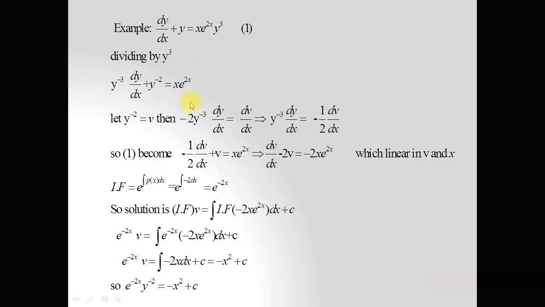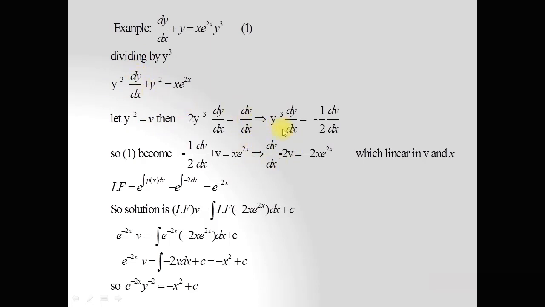So first of all, divide the given differential equation by the dependent variable term. We have a new differential equation, and then use a suitable substitution to convert it into a linear equation.